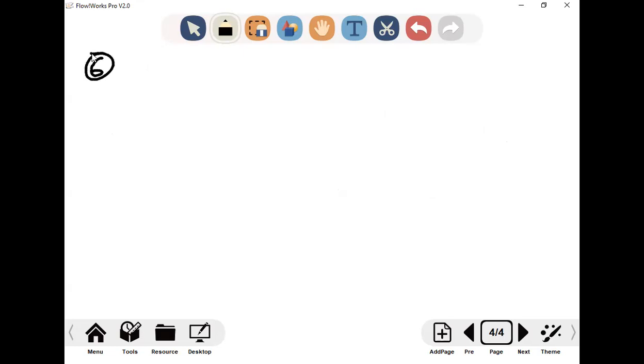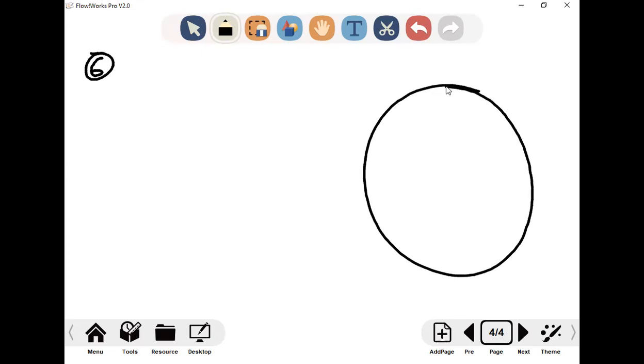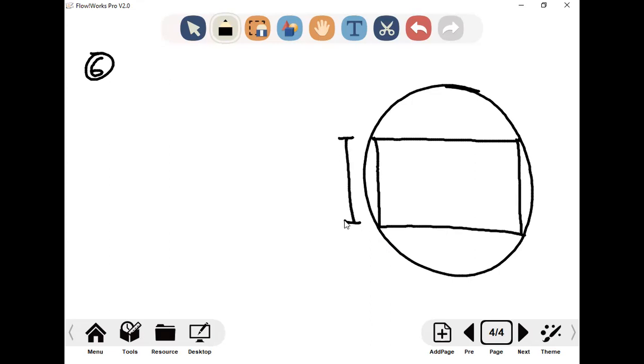We are on question 6, on the same page, 507. We have a full circle, right? And inside it we have a square. Why square? Because they tell me only one dimension, 11.5 feet.